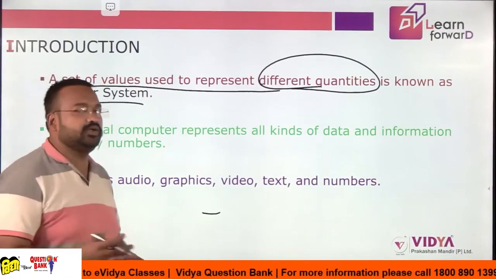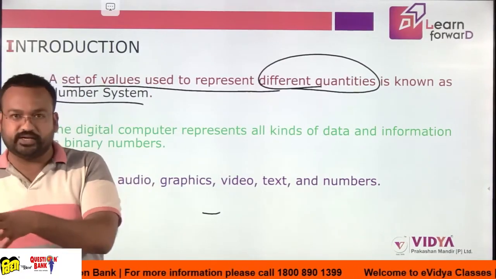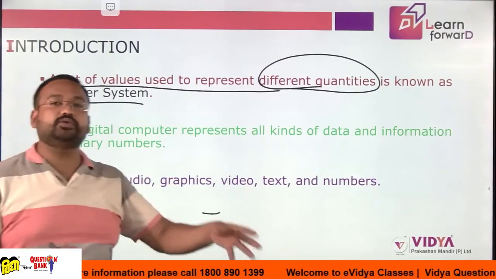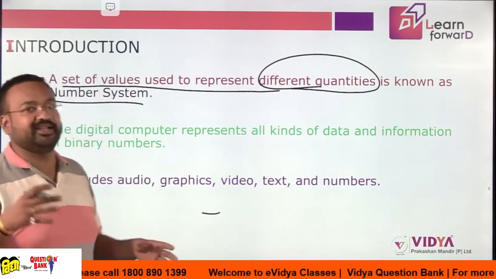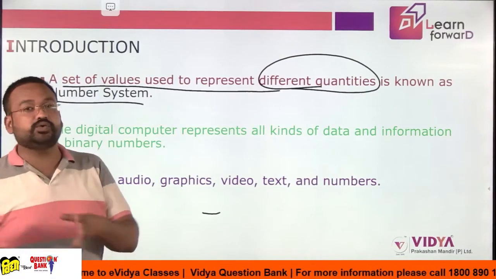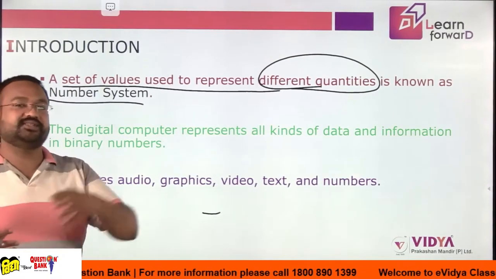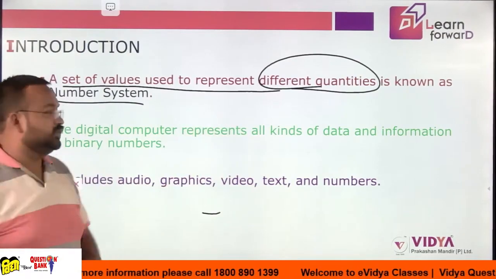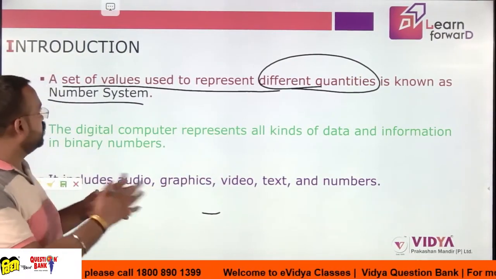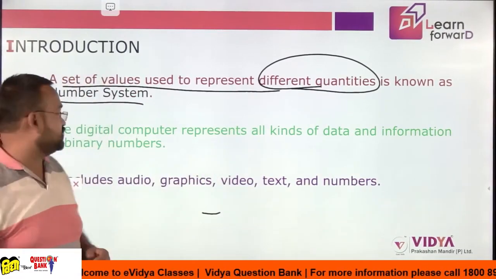In the real world, for a dozen, that means we have 12 units, so that's equivalent to 1 dozen. Like you have 1 kg, which includes 1000 grams, so that means 1000 units. So all these things that we use to represent quantities, we call a number system.